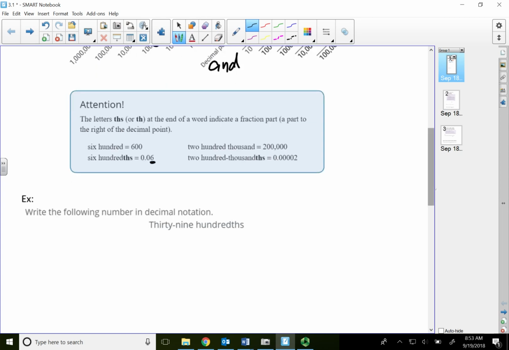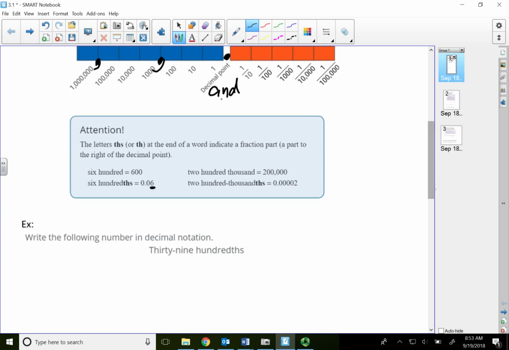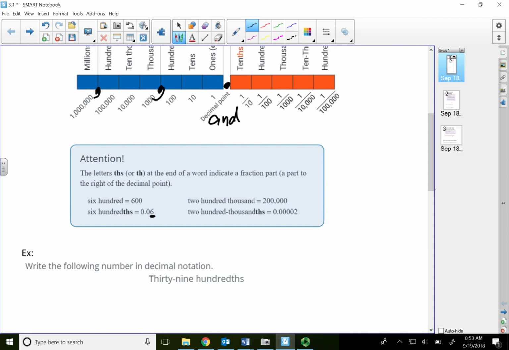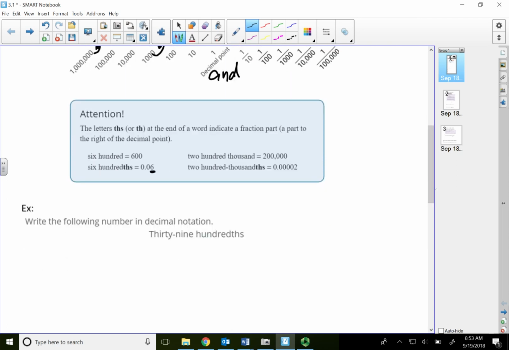Write the following number in decimal notation. This is 39 hundredths. There's no word "and," because the word "and" separates the decimal part of the number from the whole number. Since there's no "and," this entire number is going to be decimal.